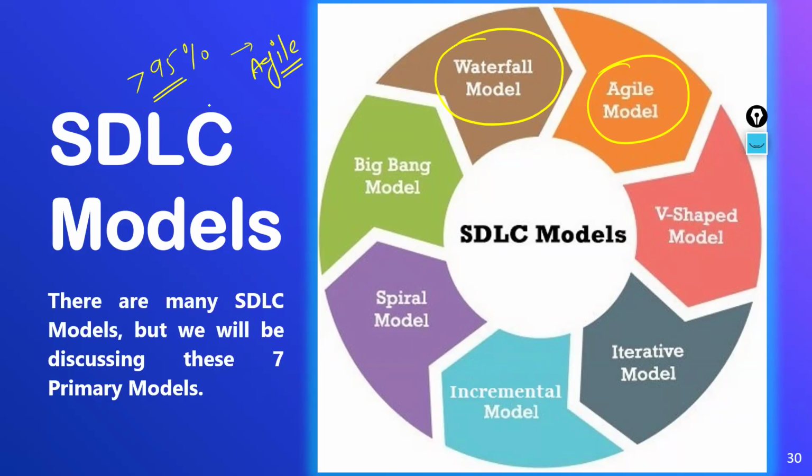And those almost 5% which are using waterfall are also either migrating to agile or in the process of migrating towards agile. So it's all about agile nowadays, and that's what we'll be focusing more on too.